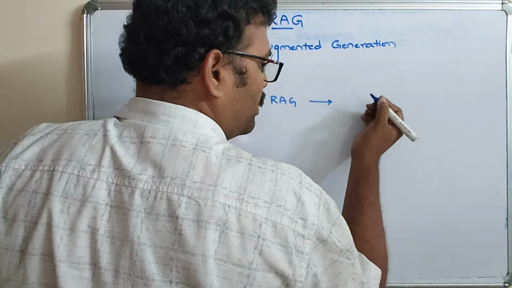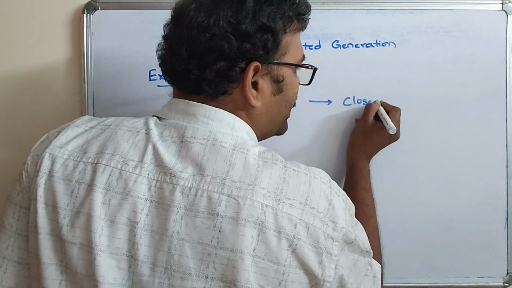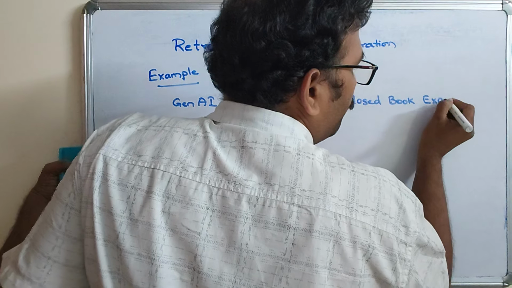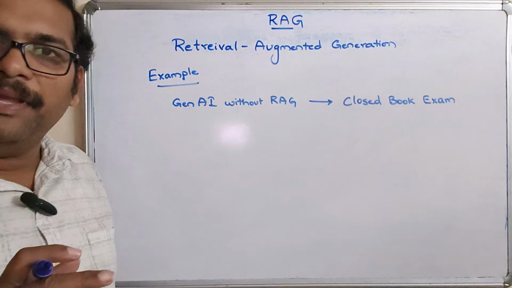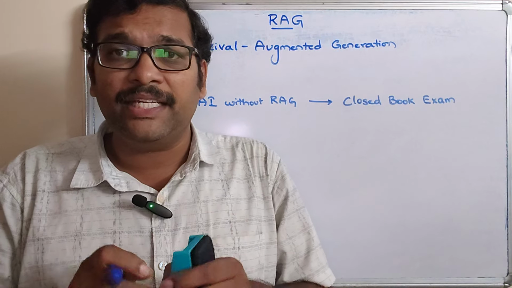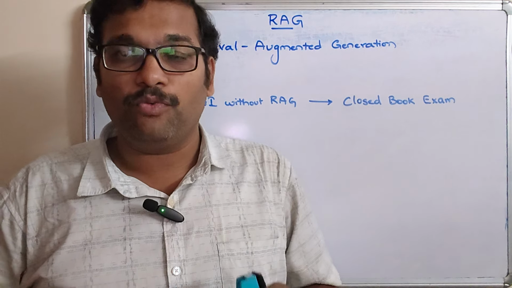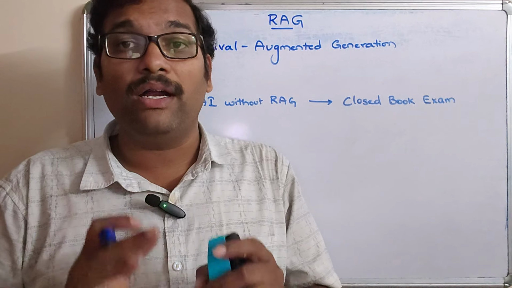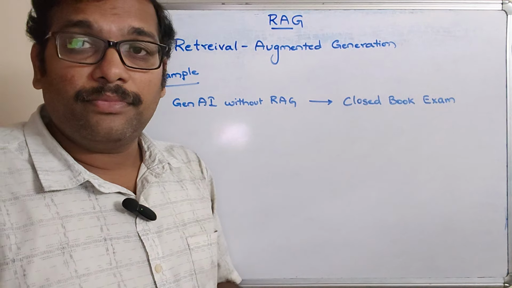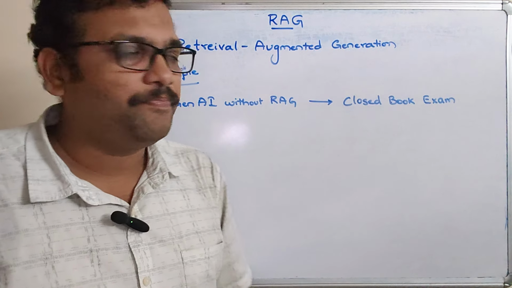The example for this is a closed book exam. The books will not be given to the students, so the students should answer the questions just based upon their memory, what they have learned and remembered. So sometimes we may get incorrect answers.